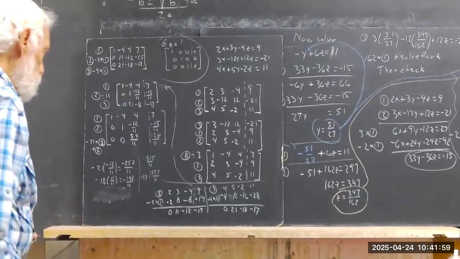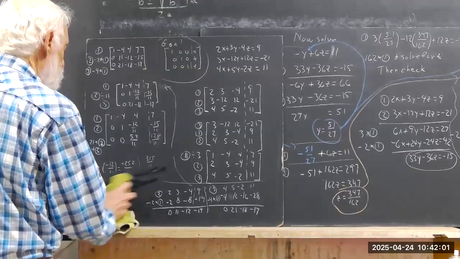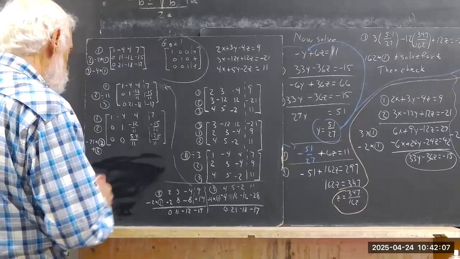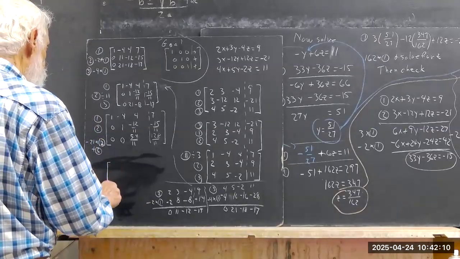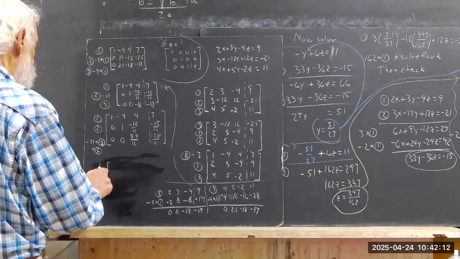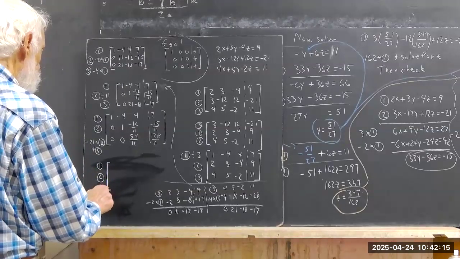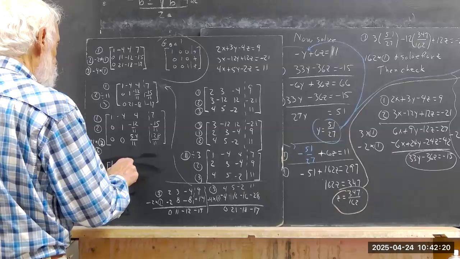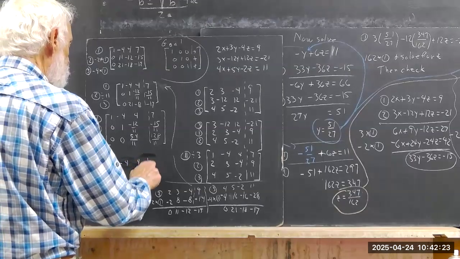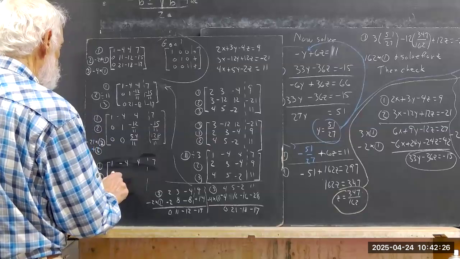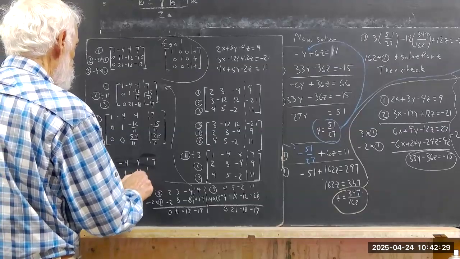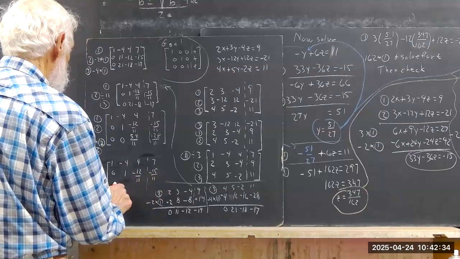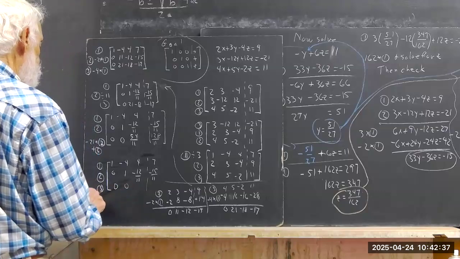Now this is getting way too involved with fractions, so I'm not going to take it all the way to the reduced echelon form, something we call it. You don't need to know that terminology. But now I'm going to write down 1, 2, 3. Got 1, negative 4, 4, 7, 0, 1, negative 12 over 11, 0.